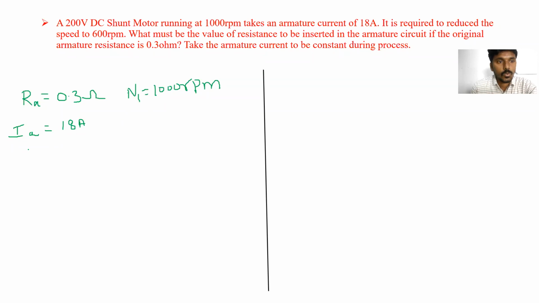And what we have to find out? We have to find the armature resistance to be added for decreasing the speed from 1000 rpm to 600 rpm.